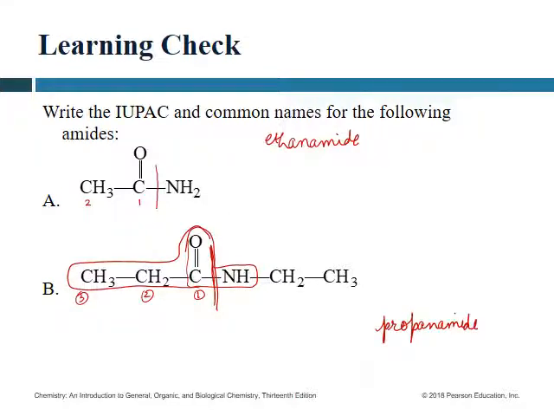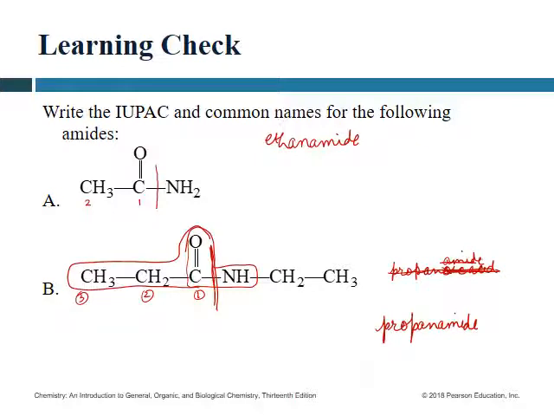If you can't do this in one step, you could do this in multiple steps. A 3-carbon alkane is called propane. With the acid, you would replace the E with oic acid. And since it's an amide, you would replace the oic acid with amide. Propanamide is our parent chain.